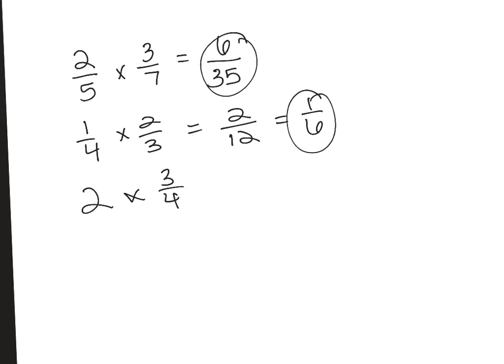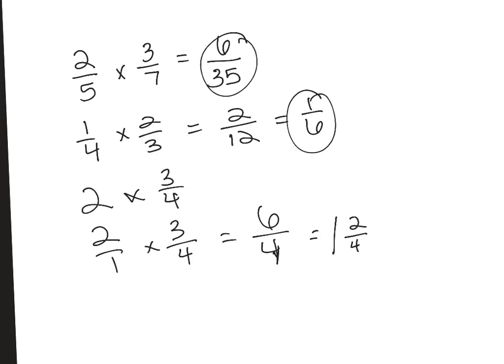So 2 is the same thing as 2/1. And then we do the same thing, top times top, bottom times bottom, and we are going to simplify it. So 4 goes into 6 one time with 2 left over, and 2/4 is 1/2. So we've got 1 and 1/2. And that is it for multiplying.